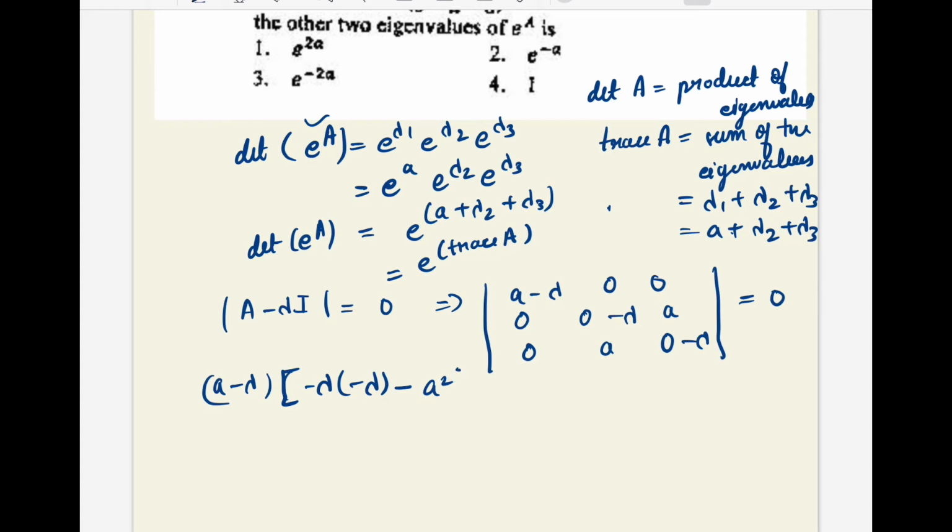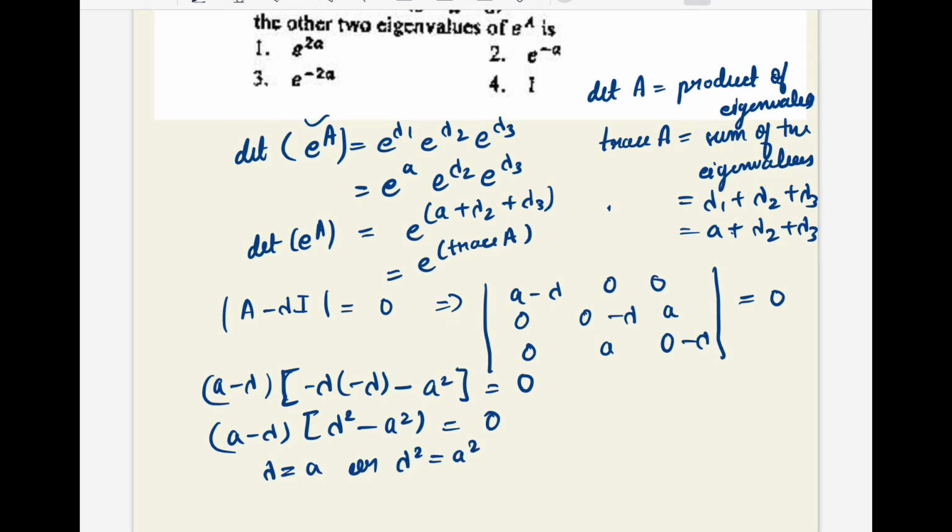Other parts are 0, so those won't be counted. A minus lambda, this becomes lambda square minus a square equals 0. So lambda equals a, or lambda square equals a square. So lambda equals a and lambda equals plus minus a.